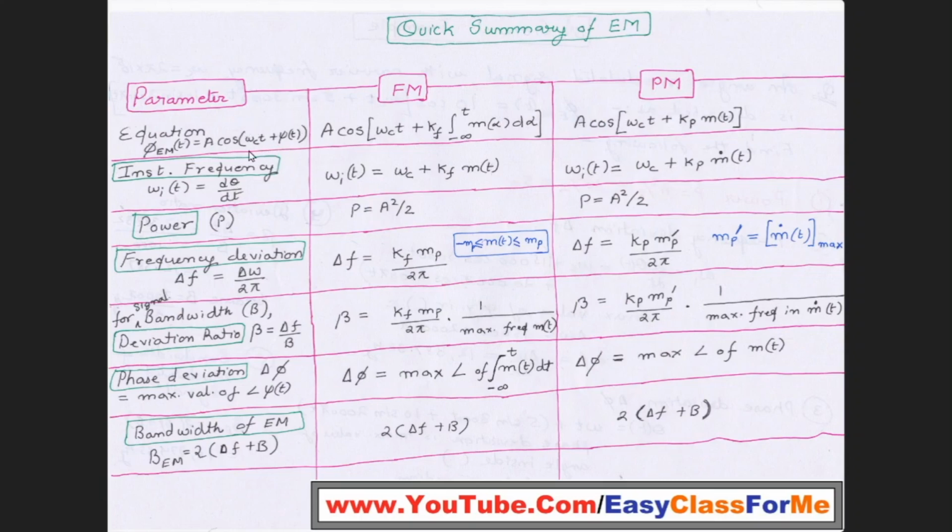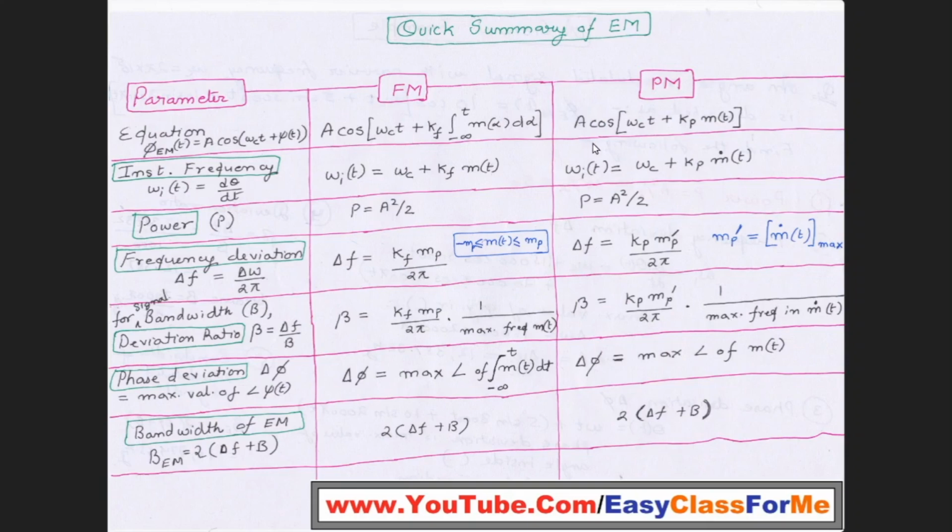So for this particular equation, it would be simply omega_c plus psi'(t). For FM, it is omega_c because of this term, and since this is an integral signal, the differential of this will be simply m(t), so k_f into m(t). Similarly for PM, the instantaneous frequency will be omega_c plus k_p m'(t), because you have this signal here.